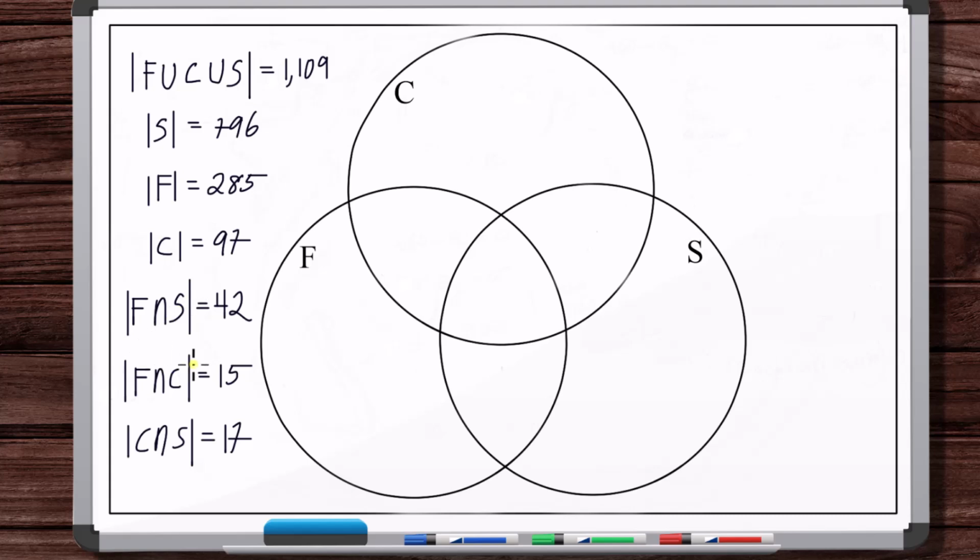The order doesn't matter. Okay, so now the question is, how many students have taken all three courses? How many students are in this region? What we can do is apply the set union intersection sum formula that we learned a couple of videos ago.